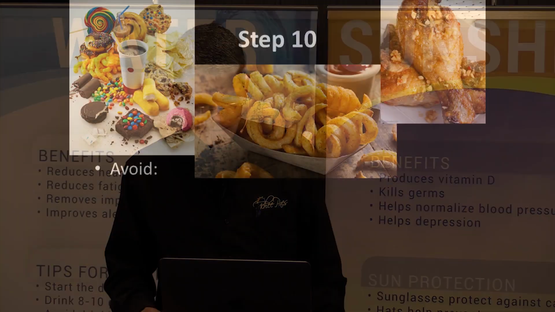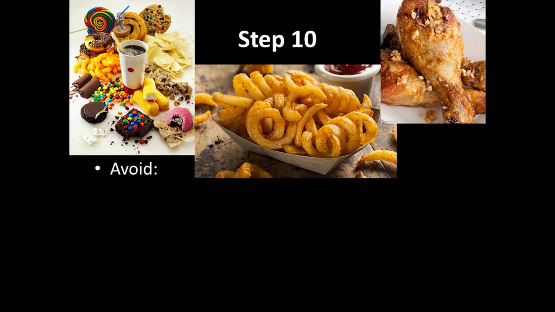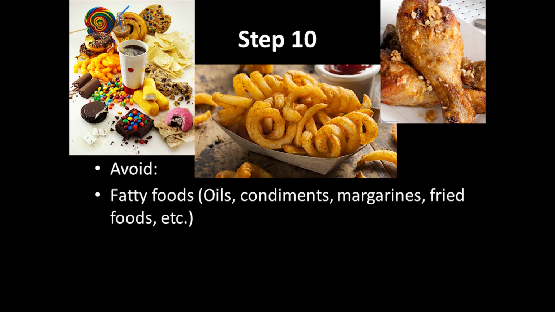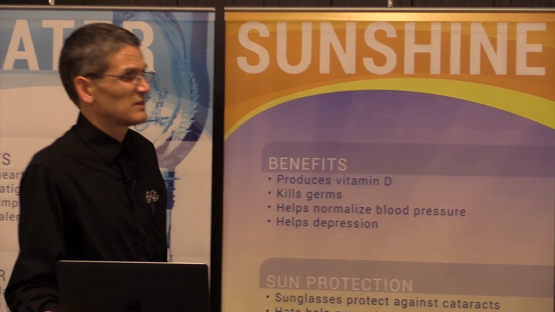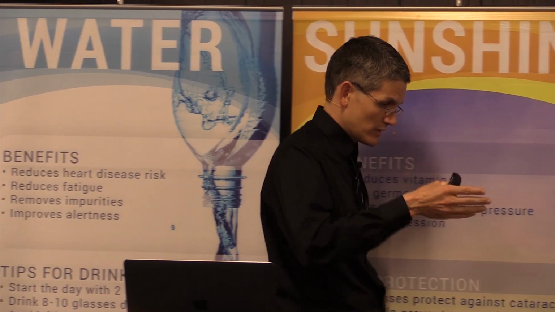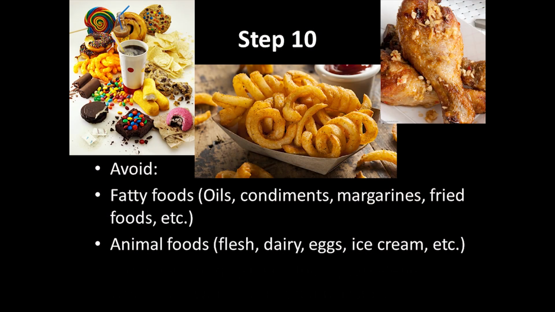Step number 10, avoid. Avoid what? Fatty foods, oils, condiments, margarines, fried foods, etc. Why? Because we know fats are a big driving force behind the development of diabetes. You also want to avoid animal foods, flesh, dairy, eggs, ice cream, and so on.